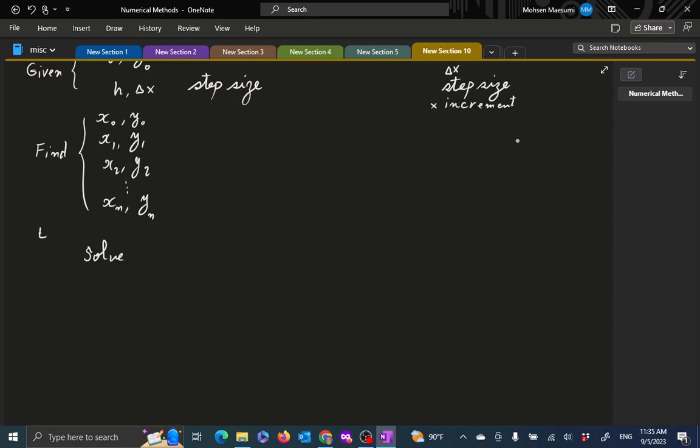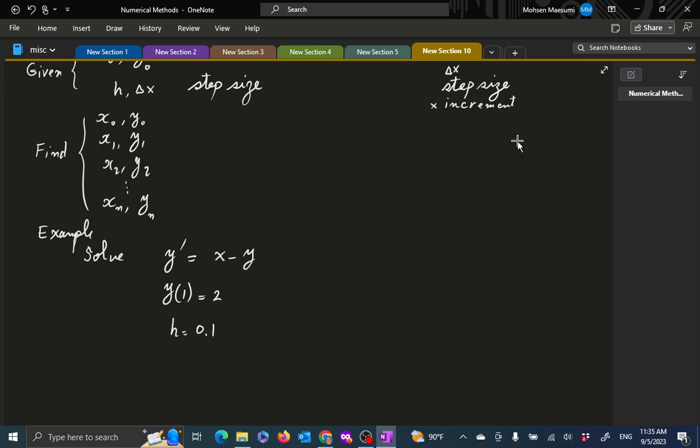So here's an example. Solve y prime is equal to x minus y, and y of 1 is equal to 2, with a step size of h equal to, say, 0.1.